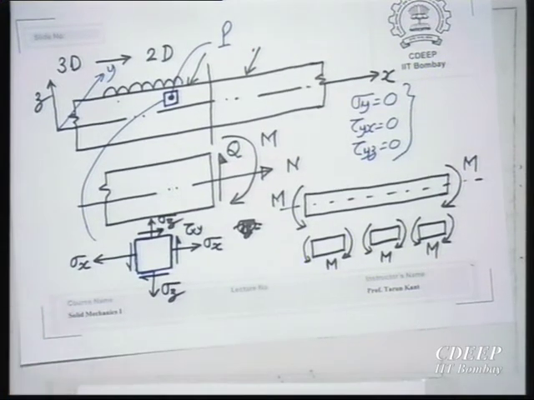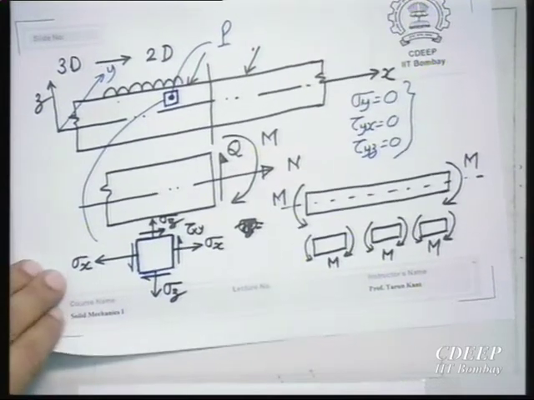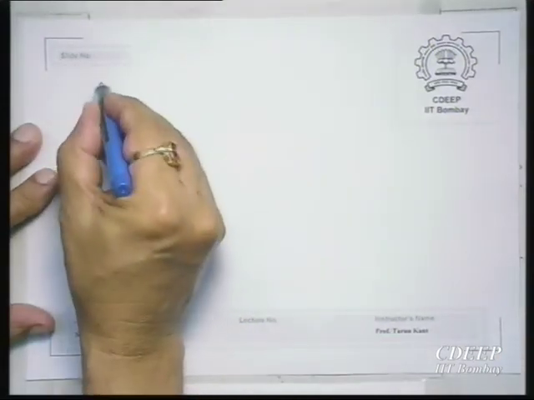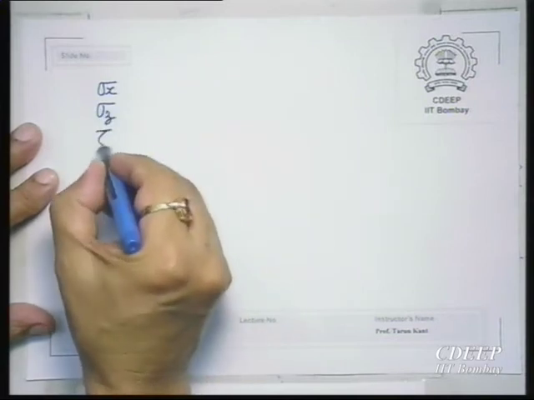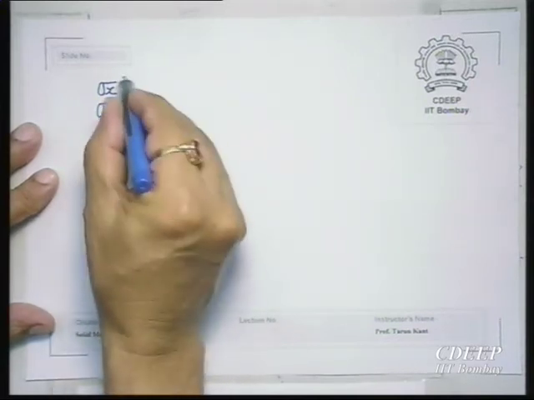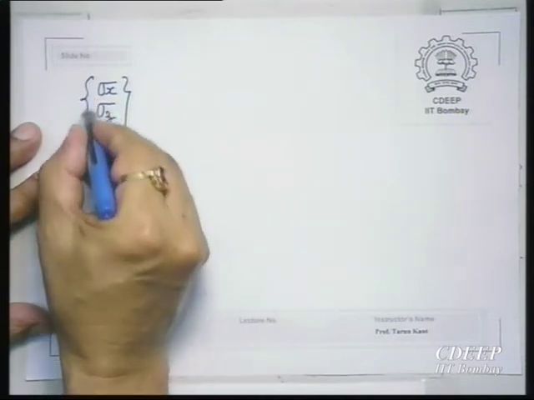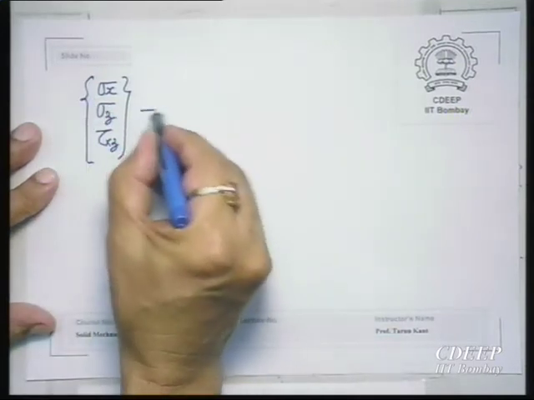So, we are left only with the three stress components that are acting on this point P. In general, you are left with sigma x, sigma z and tau xz. Remaining three components are 0. So, what is this?